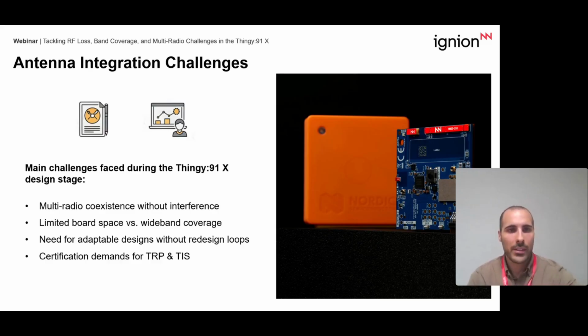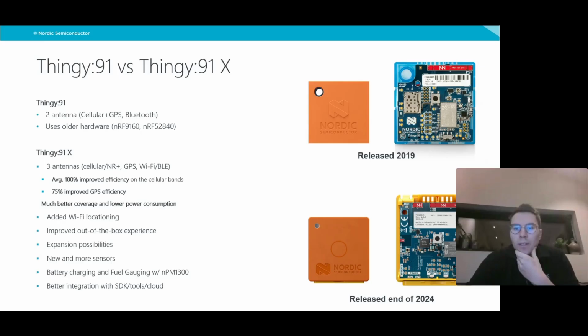So, having said that, let's jump directly now to review in more detail the Thingy91X. So I'm handing the flow back to Martin. Thank you. So we'll just look at Thingy91 versus Thingy91X. First, we released the Thingy91 in 2019.